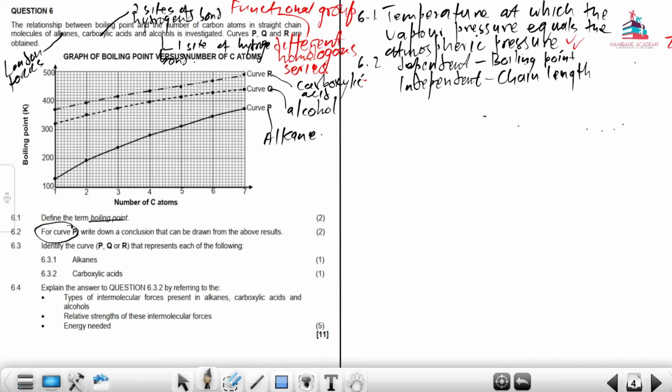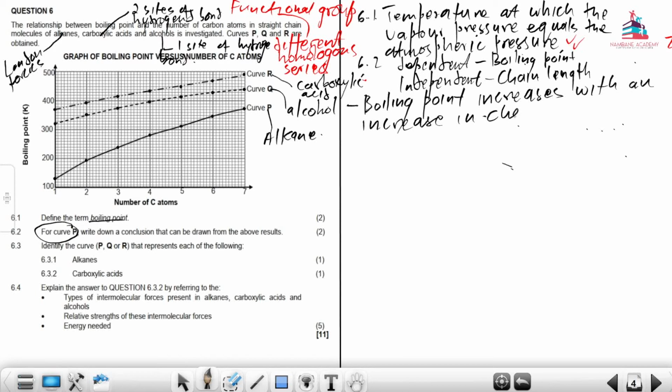So the right way of saying it is that boiling point increases with an increase in chain length. Then you get your 2 marks.